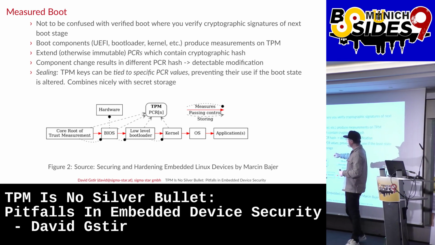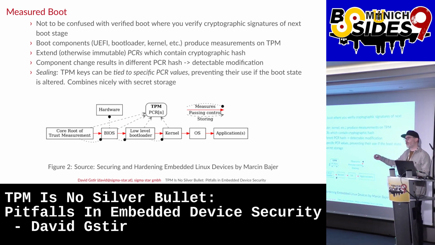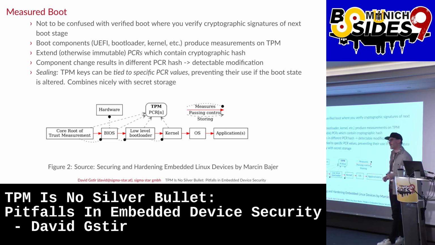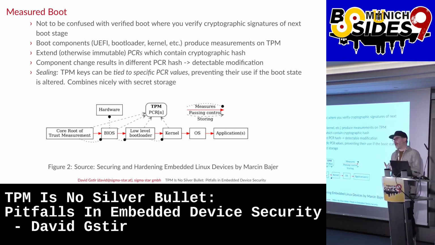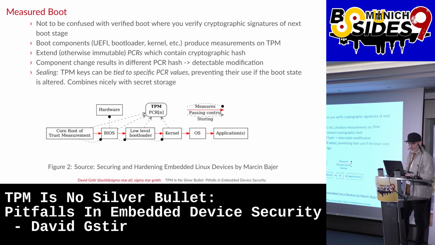With measured boot, each boot component will actually measure the next boot component into the TPM, which is basically, we take the binary, produce a hash, and this hash is appended to a PCR register in the TPM, which will not allow the client, which is the PC or the CPU, to modify that register again. So you can just append data there. You cannot change the value directly, but you can append measured data into it, and it will change its value depending on the data which you give to it.